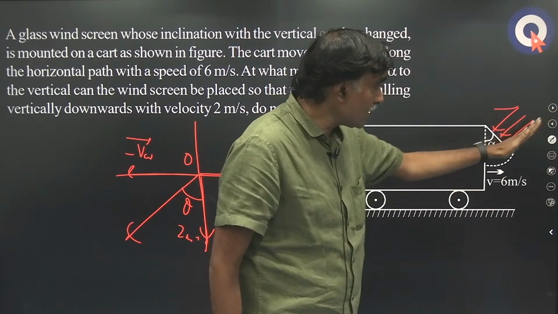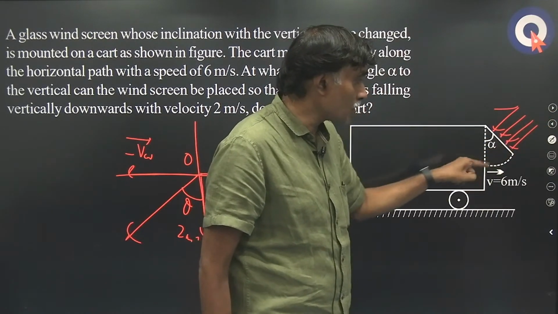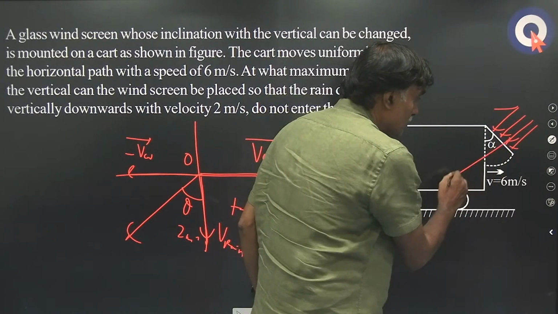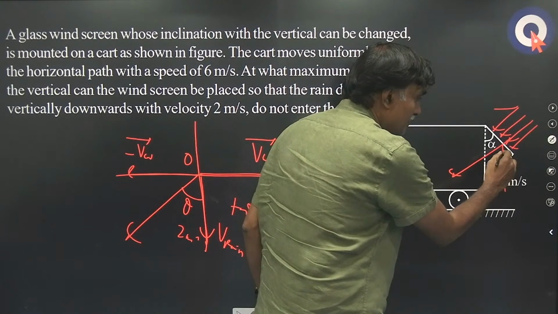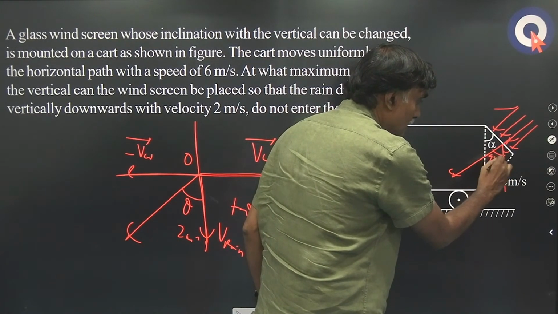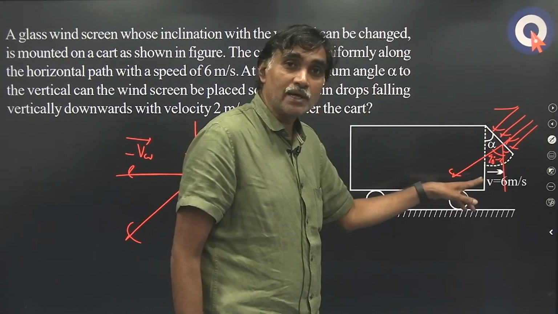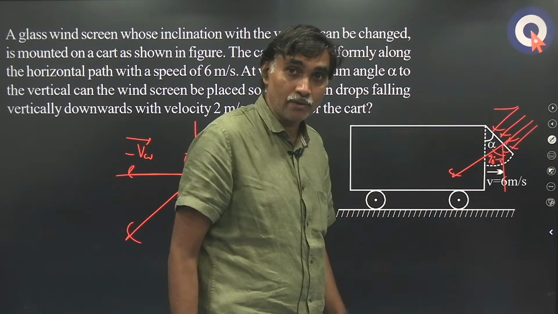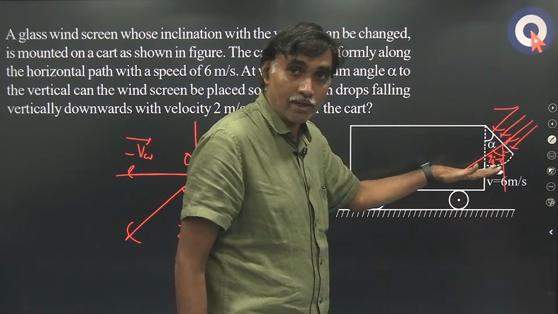So what is the maximum angle at which they can fall so that they do not enter the car? They should collide normally. So they should collide normally means, what is this angle? Alpha. So this is also alpha. So this is 90 minus alpha. So how much angle should the raindrop make with vertical? 90 minus alpha. Okay. And if it makes more angle than that also, they do not enter.